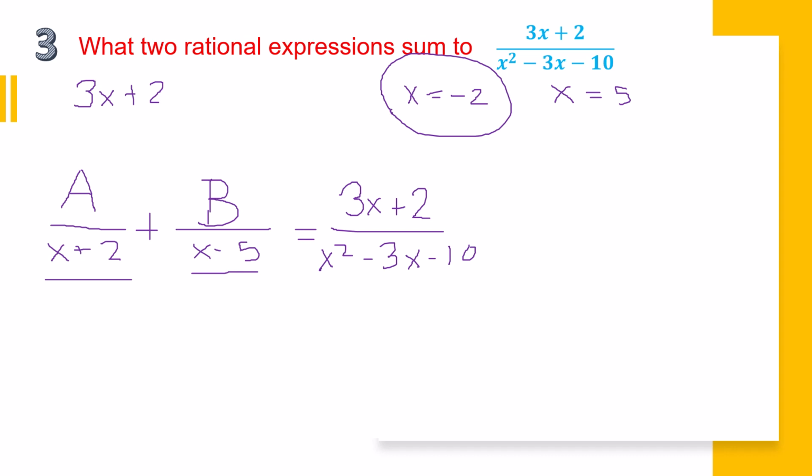But before I do that, let me change my pen color. Before I do that, we're going to multiply through every term by x plus 2 times x minus 5, because if we multiply those together, we get the least common denominator.